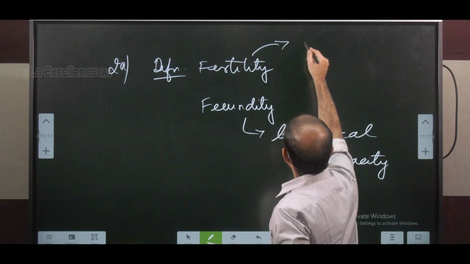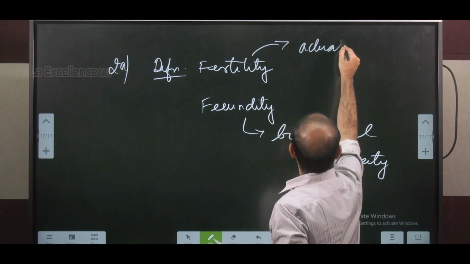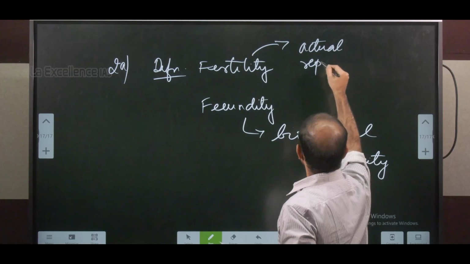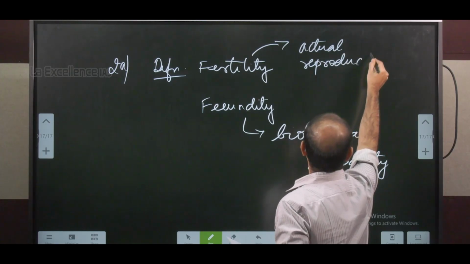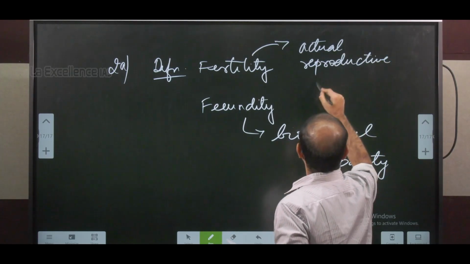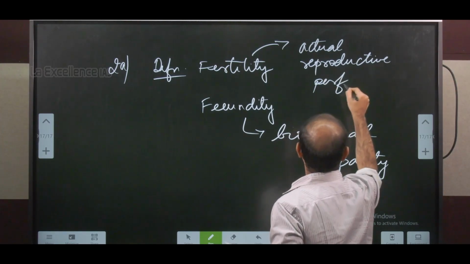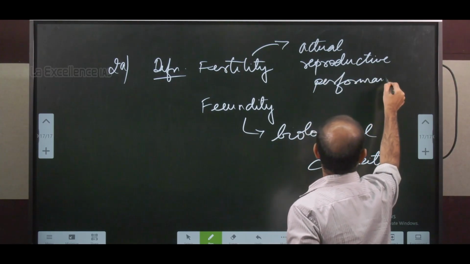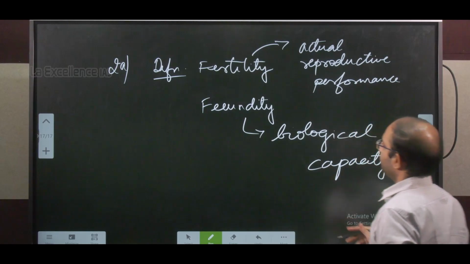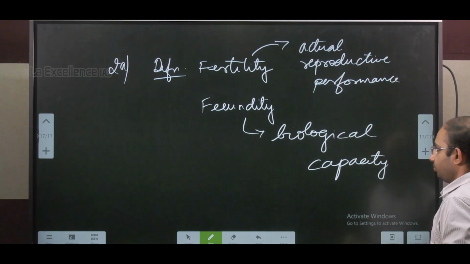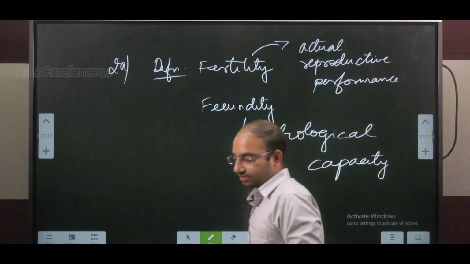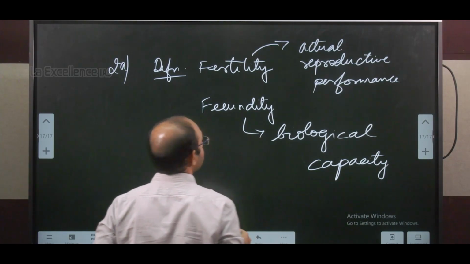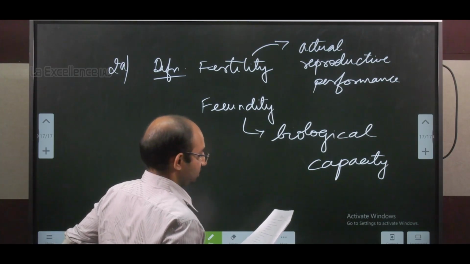Fertility is the actual reproductive performance. So fecundity means biological capacity to reproduce, and fertility is the actual reproductive performance.